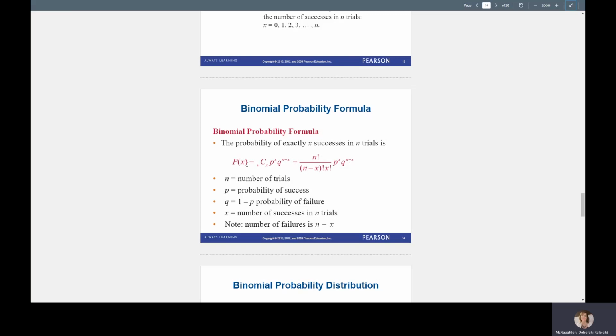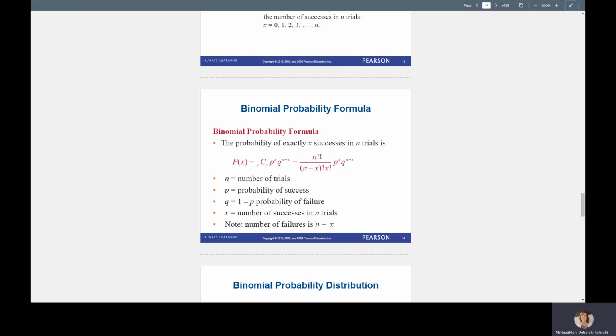The probability I get 1 success is going to be 10 combination 1, P to the 1, Q to the 9. And so that time I would get 10 factorial over 10 minus 1 factorial, which is 9 factorial. So 10 factorial is 10 times 9 factorial over 9 factorial.